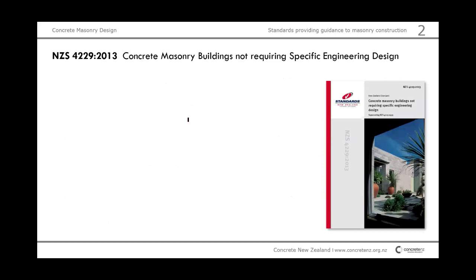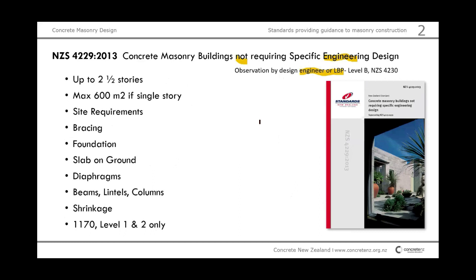So the next one here is 4229. That is a standard not requiring an engineer. However, for the observation on site, you will still need an expert, either an engineer or a licensed building practitioner. You can design structurally, but not build without the observation of an expert.